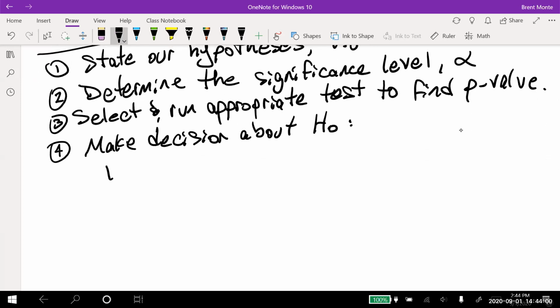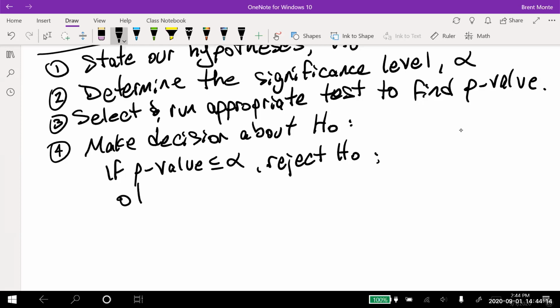Here's our decision, what we said before. If the p-value is less than or equal to the significance level alpha, reject H sub 0, the null hypothesis. Otherwise, do not reject H sub 0.